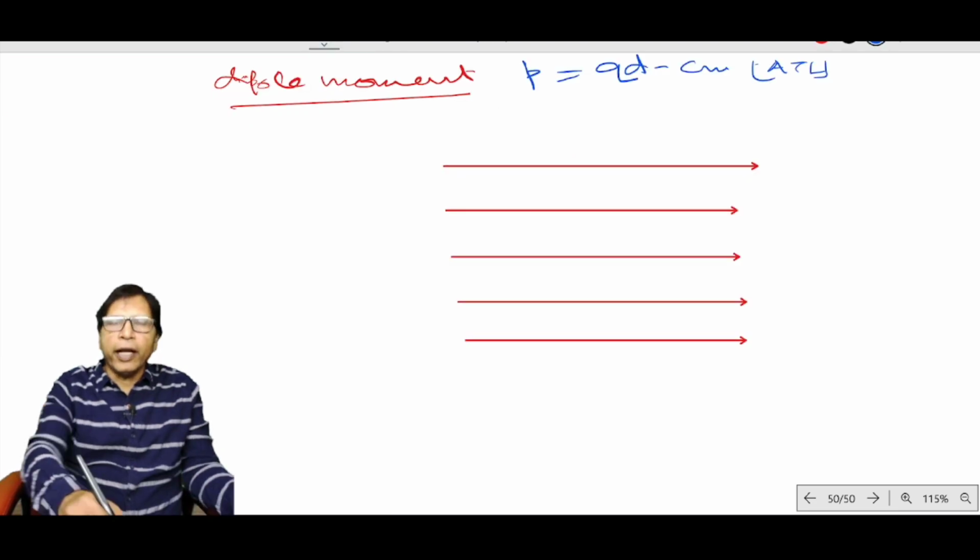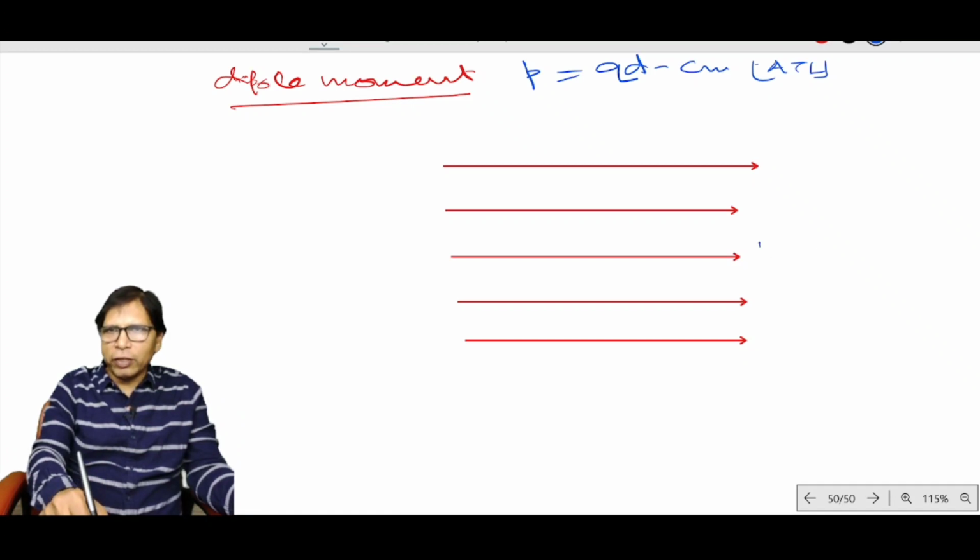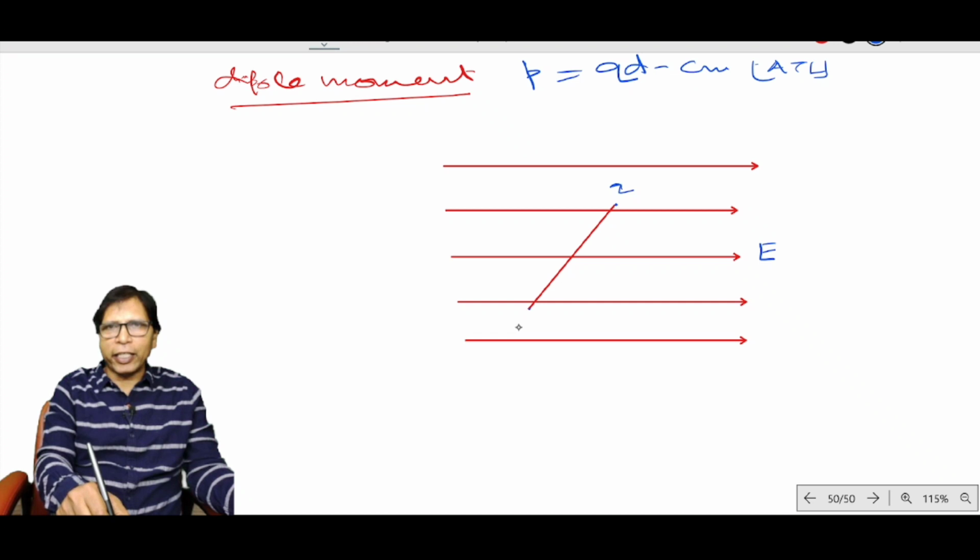Now, force on a dipole in a uniform electric field E. Suppose a dipole is placed here. This is the positive charge and this is the negative charge.